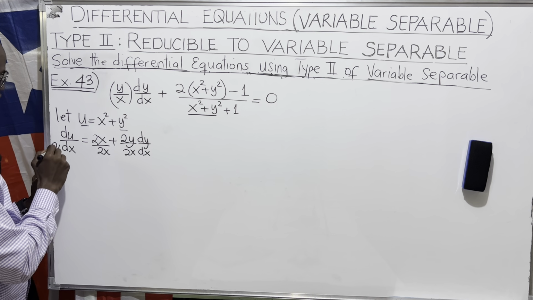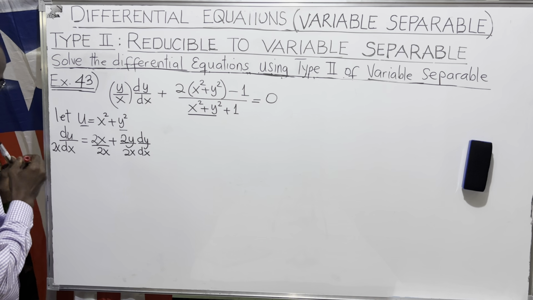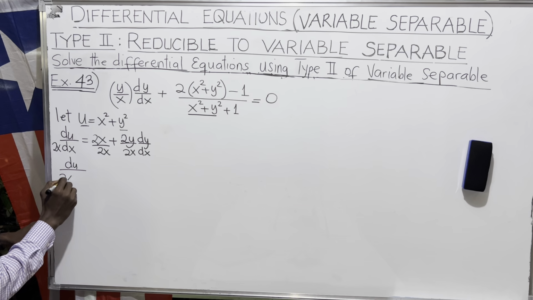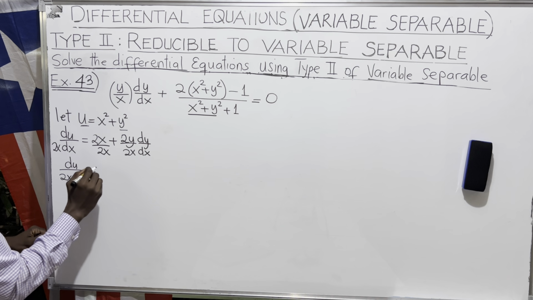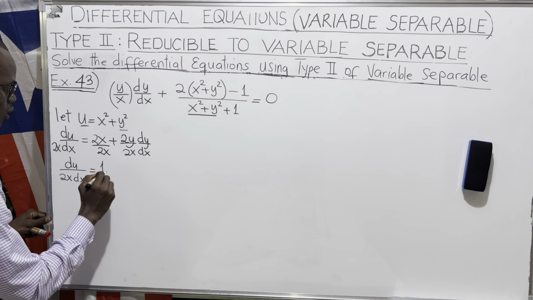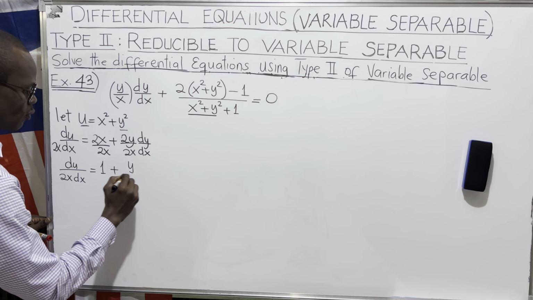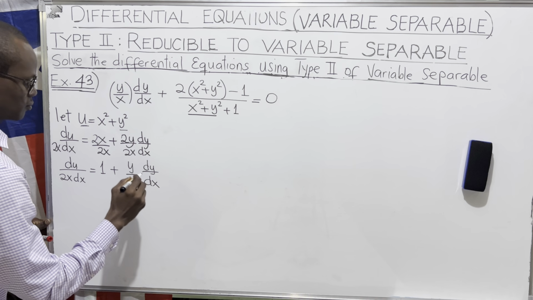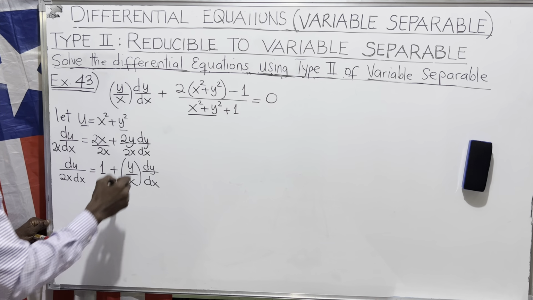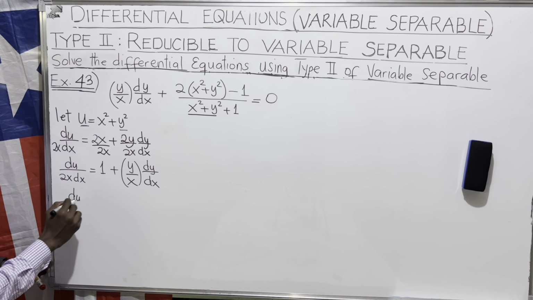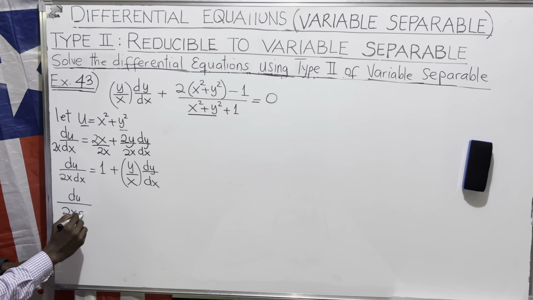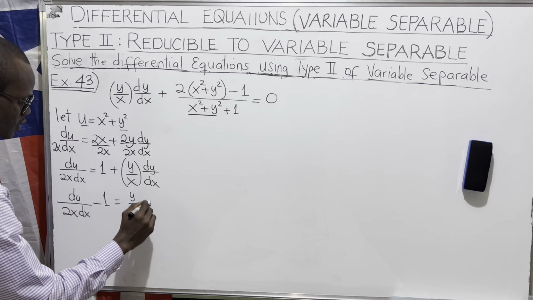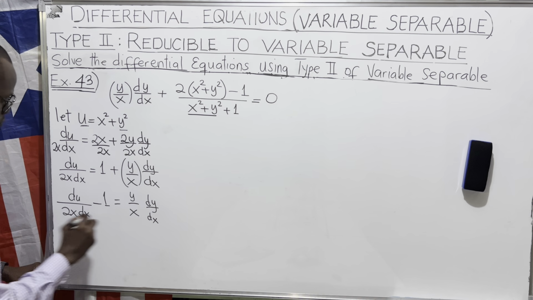If we divide all terms by 2x, we will have du all over 2x dx equals, so this is just 1 plus y over x dy by dx. So we're going to have this expression. So we can solve for it now. We have du all over 2x dx minus 1 is just y over x dy by dx.